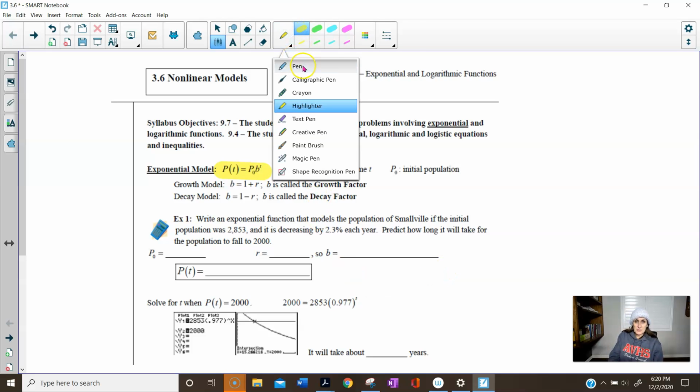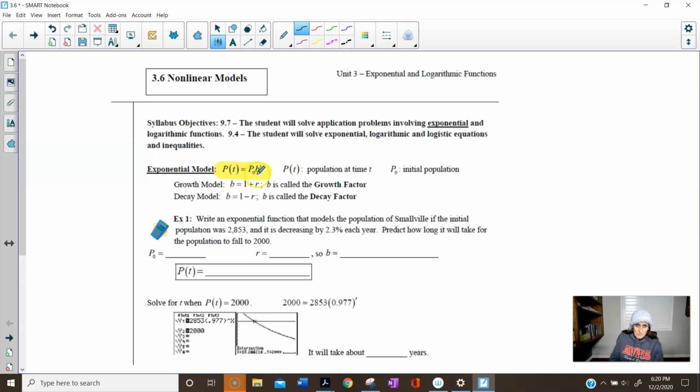Now, something interesting to note is your base: if they give you the rate, then in place of the base you put 1 plus the rate, and the rate will be a decimal. If it's a decay factor, it'll be 1 minus the rate for the base. So we'll be doing that in the story problem.